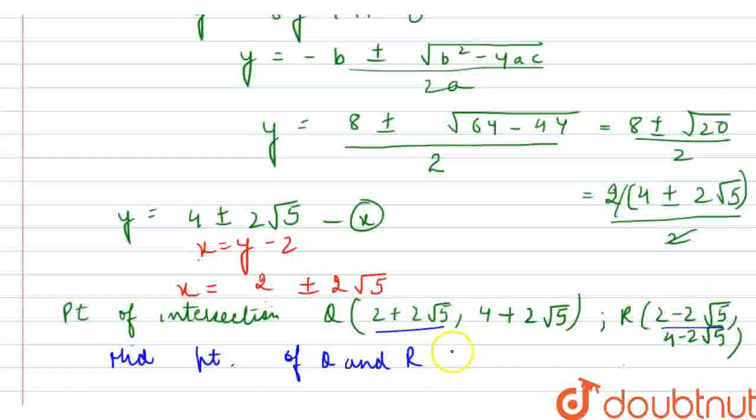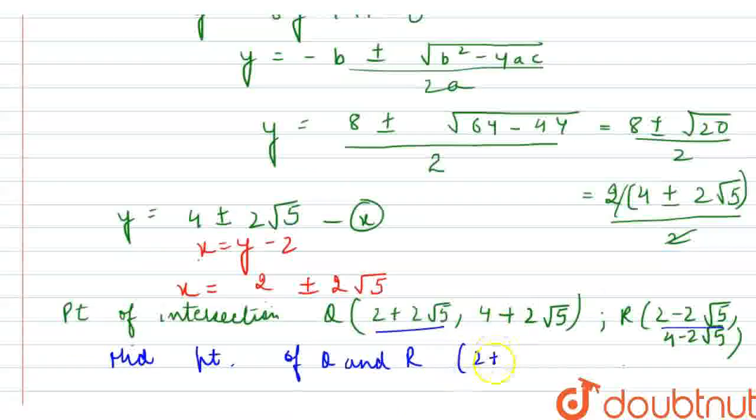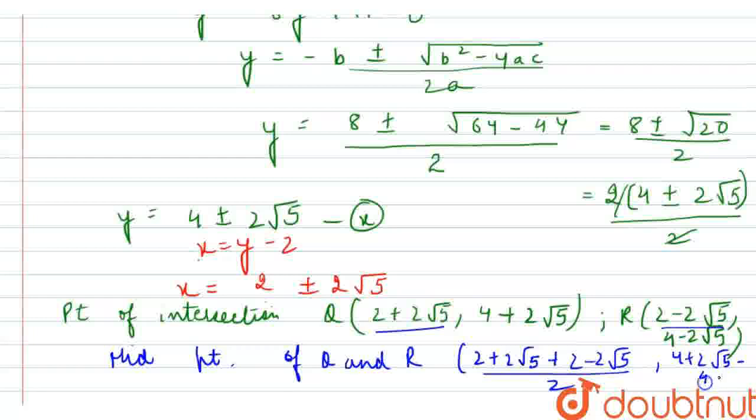So it would be 2 plus 2 root 5 plus 2 minus 2 root 5 by 2, and similarly for y it would be 4 plus 2 root 5 plus 4 minus 2 root 5 divided by 2. So what would be the answer? The answer I'll get is 2,4. So this is the midpoint. I hope it is clear.